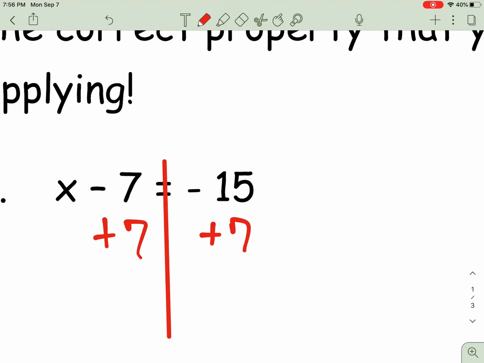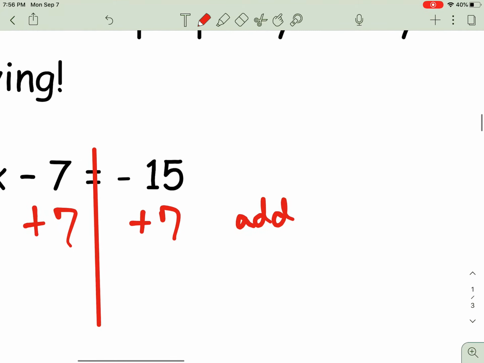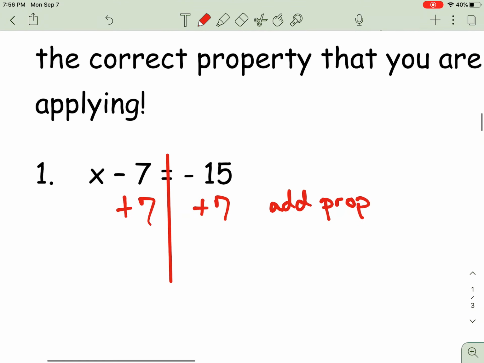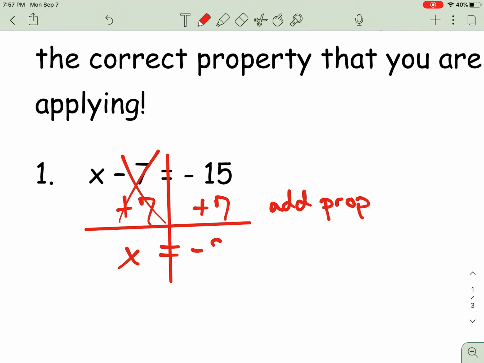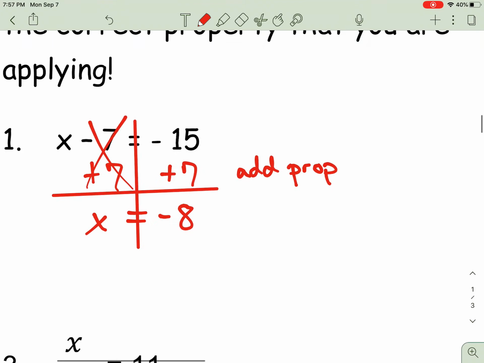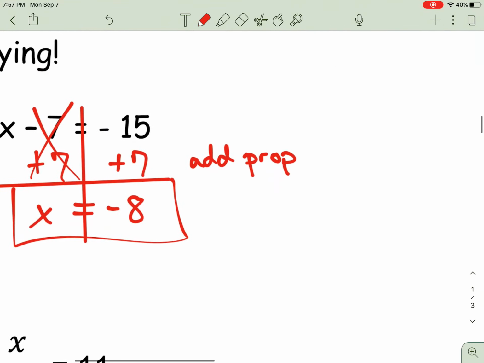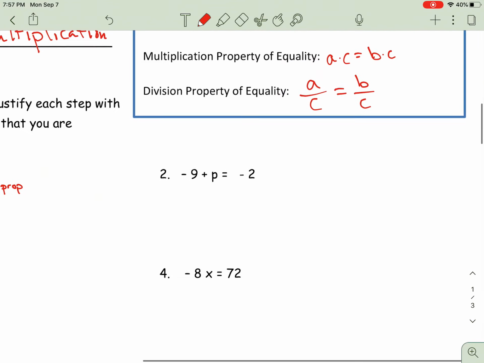So we're going to add 7 to both sides, and this is the addition property. I'm going to shorten it up for right now. Okay, so you have x is left over on the left side equals 7's cancel. -15 and a +7 gives you -8. And since x is now by itself, we're done. So that was actually just one step. We just had to use the addition property.